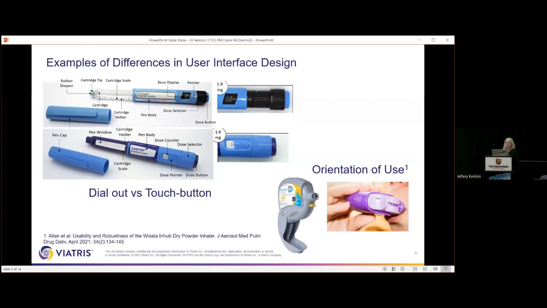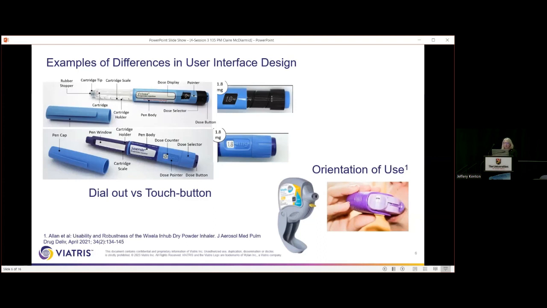In the bottom right, you see again generic Advair, Wixella Hub, and Advair Discus. Very clearly, another design difference in this product is the orientation of use. The use of the name Discus indicates to the patient the orientation of use. The shape of the mouthpiece is a clear direction as well.